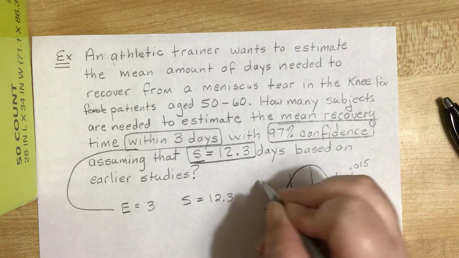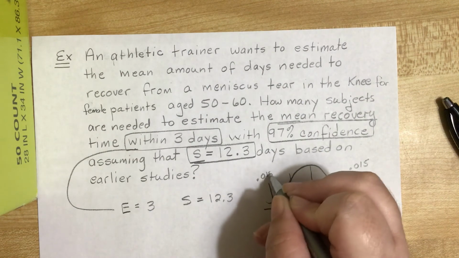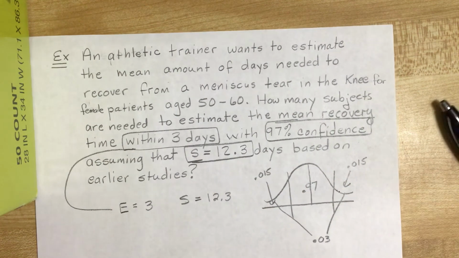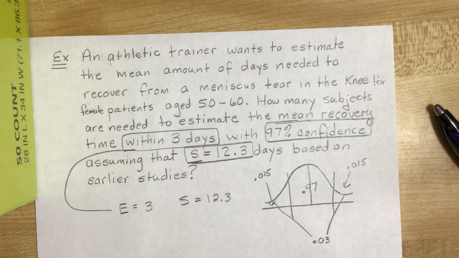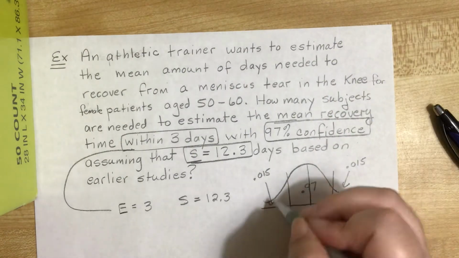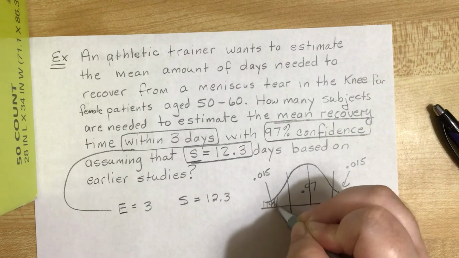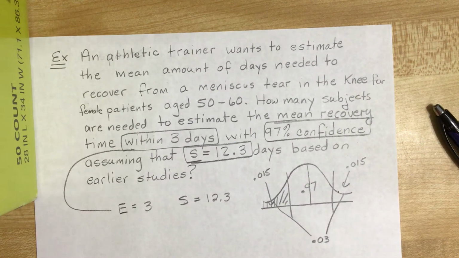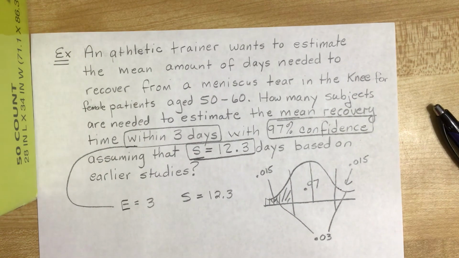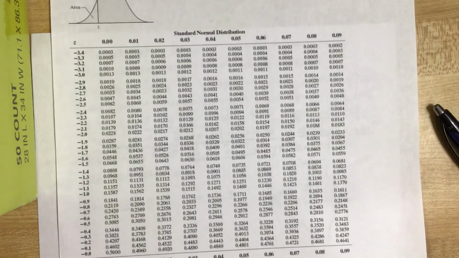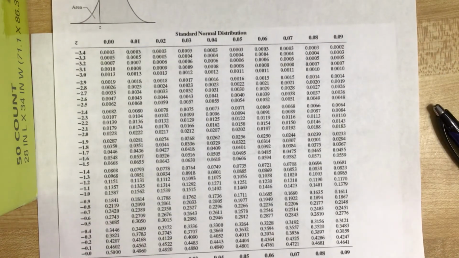That says that each tail would get 0.015. And we know when we look up in the standard normal table, for the table we have, it's always good to have that area in the left tail. So I'm going to look for the area that is closest to 0.015.